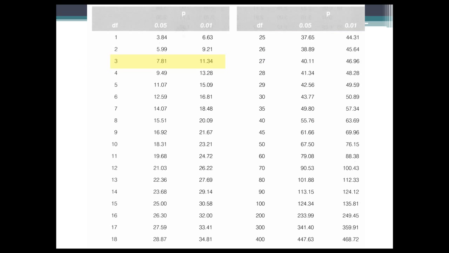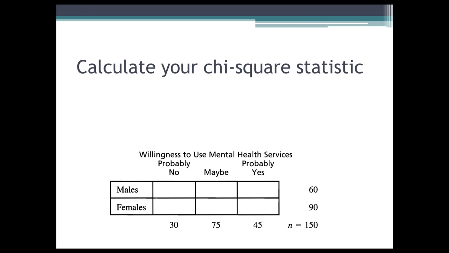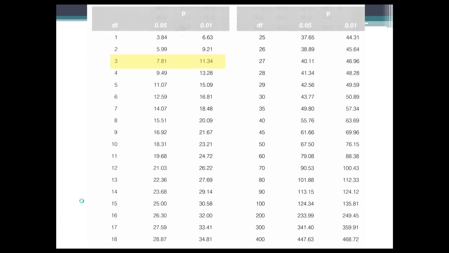I jumped ahead, and it's 7.81, because we have 2 genders, so 2 minus 1 for the rows, and for the columns there were 4 values an individual could endorse. So that's 4 minus 1, which is 3. Oh, it's 3, sorry, so 3 minus 1. Let me go back. It's actually 5.99 in this instance.